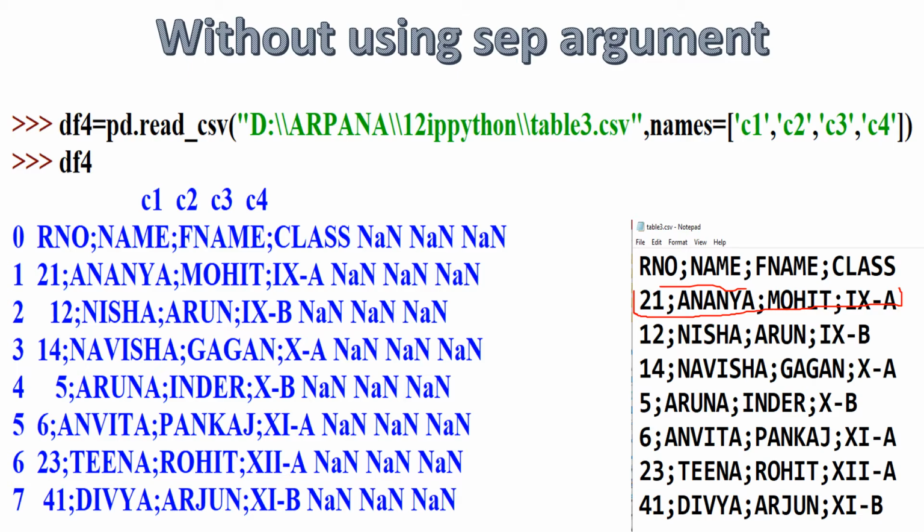So while reading, it will read the entire row as one column value under C1. So remaining 3 columns will have NaN values because it will not get any value for those 3 columns, that is C2, C3 and C4. So those column values will be replaced by NaN values.